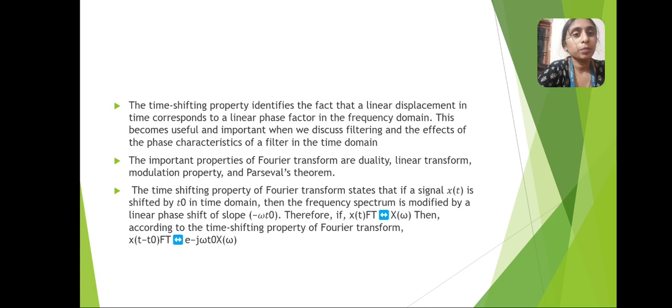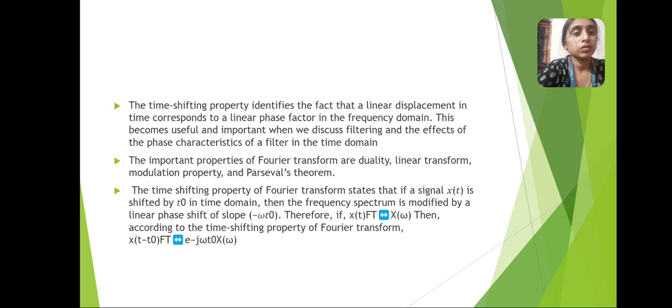The important properties of Fourier transforms are duality, linearity, modulation property, and Parseval's theorem. The time shifting property of Fourier transform states that if a signal x of t is shifted by t naught in the time domain, then the frequency spectrum is modified by a linear phase shift of slope minus omega t naught.